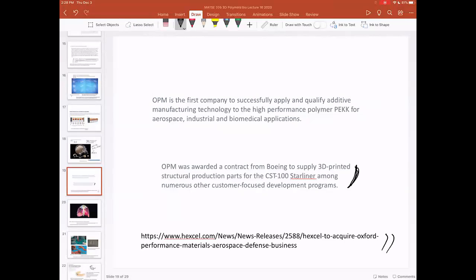So OPM is leveraging both their materials technology, because they're traditionally a PEEK maker or PEEK converter, and their 3D printing technology in order to address both of these markets. So that's pretty interesting and a real cool application of polymer additive manufacturing for useful components. Any questions on that?